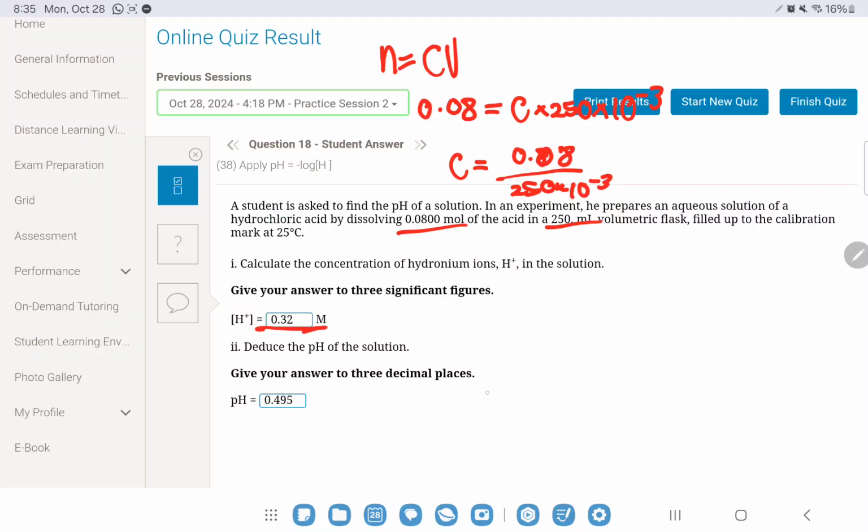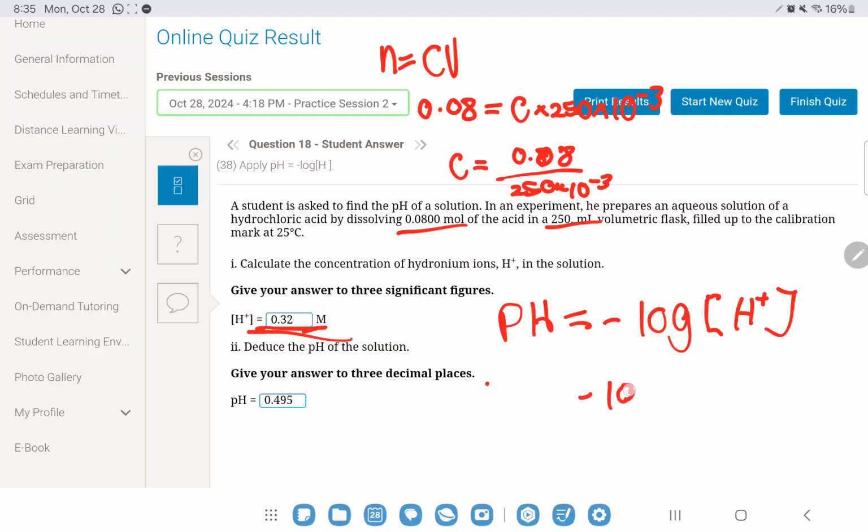Now you use the formula pH equals negative log of the concentration of H plus ions. Since it's 0.32, negative log of 0.32. You're going to get a long number to 3 decimal places. This is your answer.